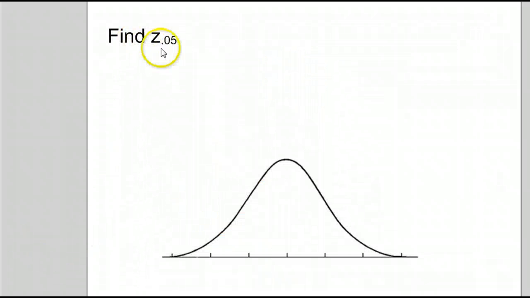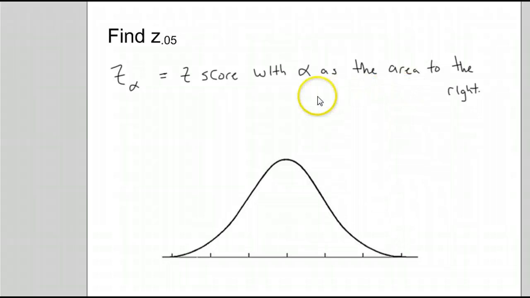Now, this Z with a 0.05, this is what their book refers to as Z alpha. So you'll see the book call it Z alpha. Alpha is the area to the right of some Z-score. So when you see Z alpha, it means the Z-score with an area to the right of it of whatever alpha is. So I'm going to go over here again, just like I did before.